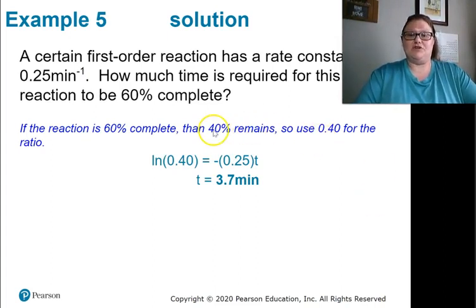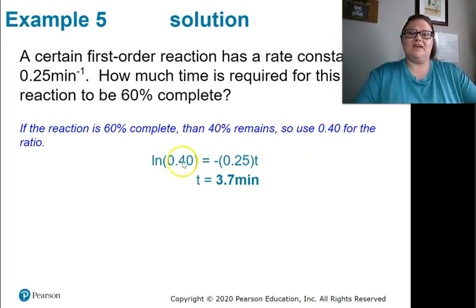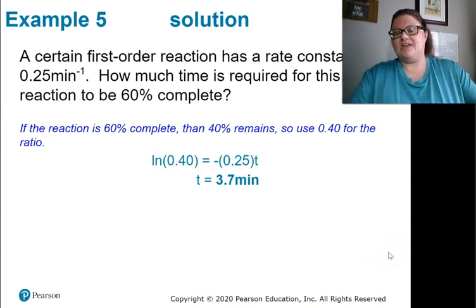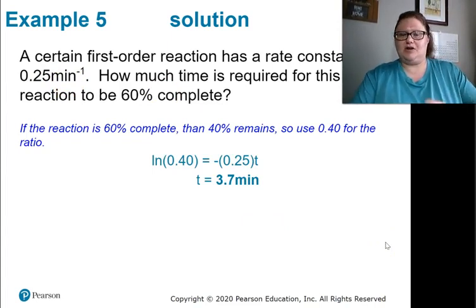So that's why we're going to use 40%, which in a decimal is 0.40. And so we've plugged that into our formula here next to the natural log. Then we plug in our K, which was multiplied by time. We're solving for time, so we do some algebra, and we get 3.7 minutes. It's minutes because our rate constant was given as 1 over minute. And so after doing all the algebra, it flips that and becomes minute in the numerator.